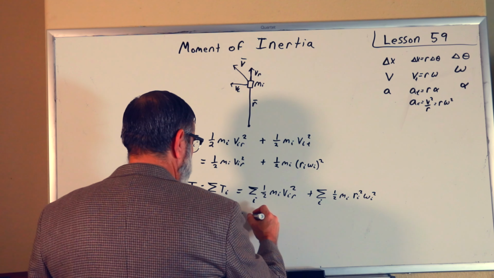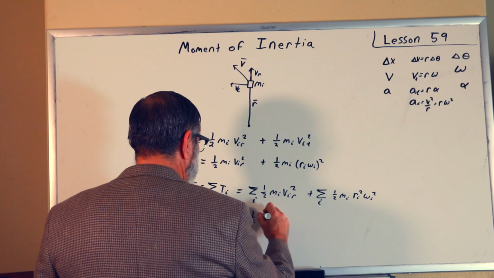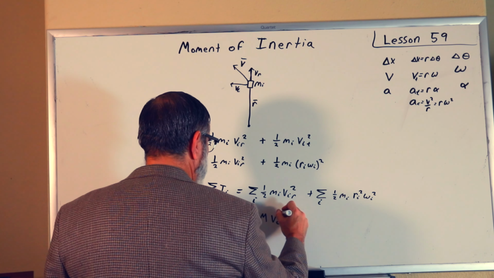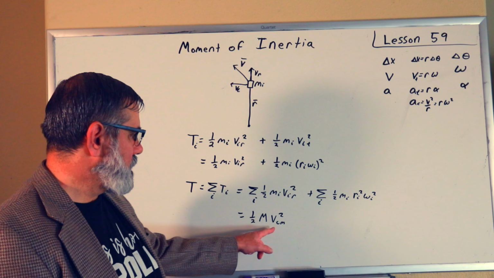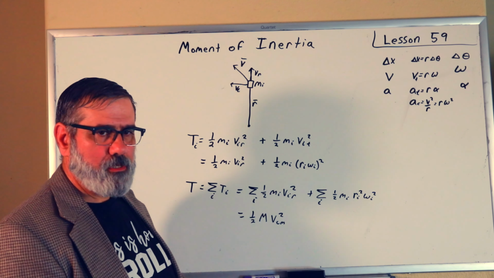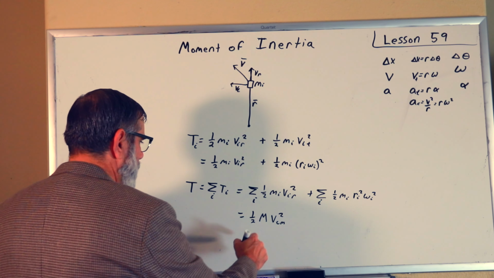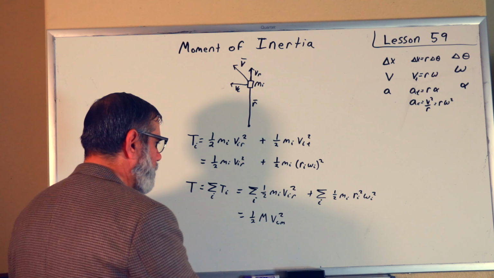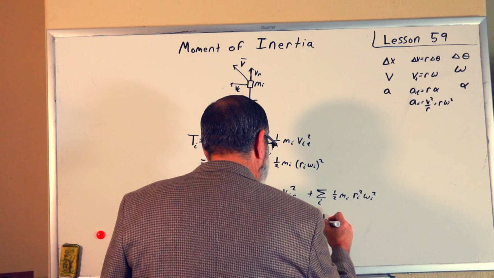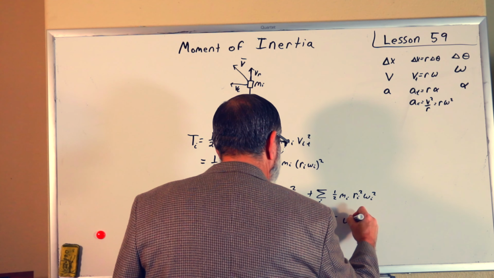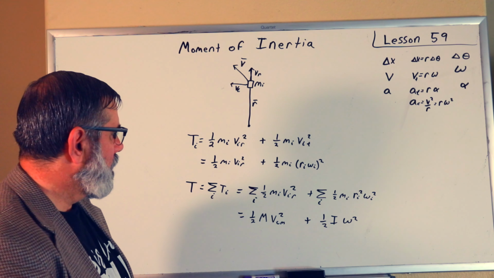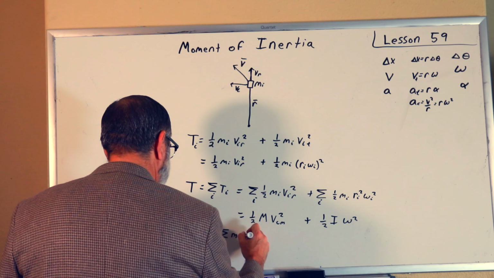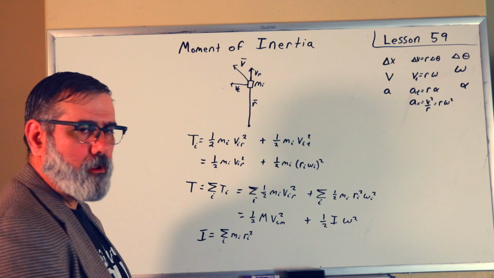And we can write this as 1/2 big M times v cm squared, where this is the center of mass of the system of particles. The big M is the sum of all the individual masses. Plus 1/2 I omega squared, where I is given by the sum of all the masses times r squared.